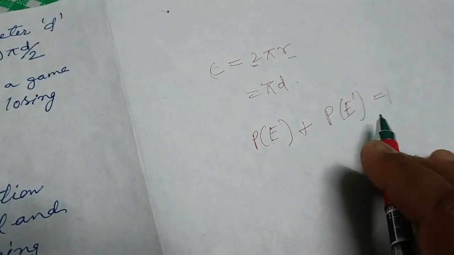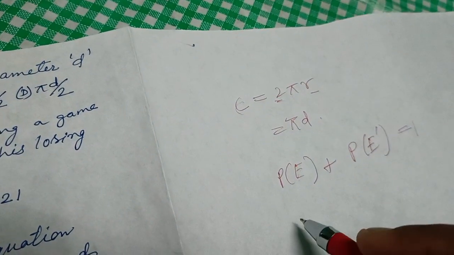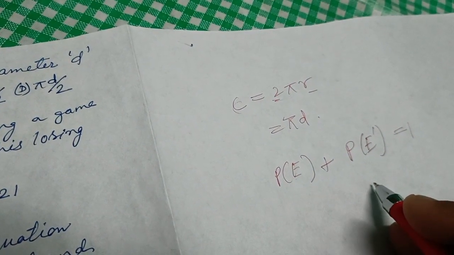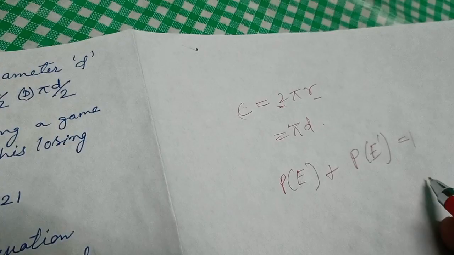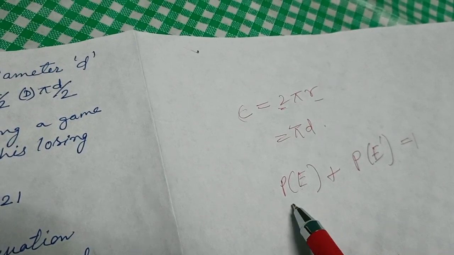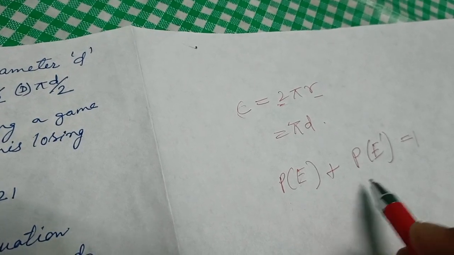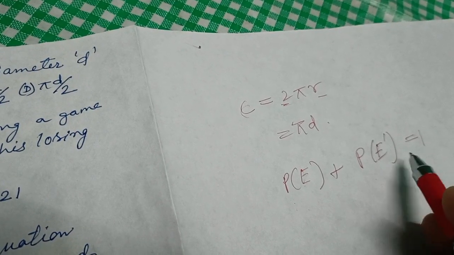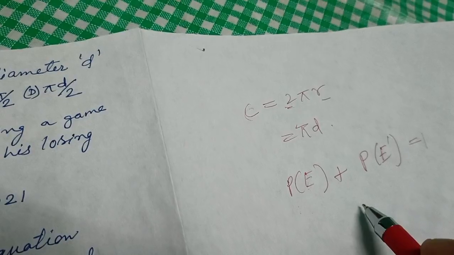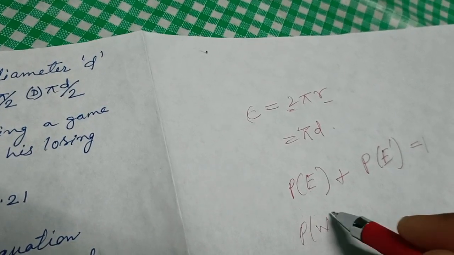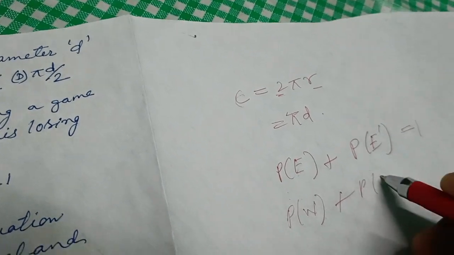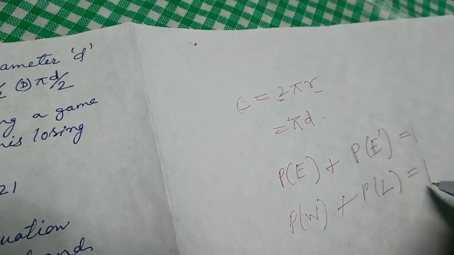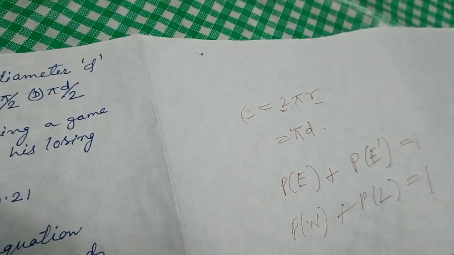Now the probability of winning a game and the probability of losing a game will also add to 1. Why? Because losing is not winning. That means the probability of not winning a game is the probability of losing a game. So we write probability of winning a game plus probability of losing a game is equal to 1.